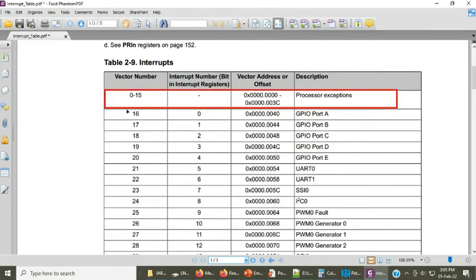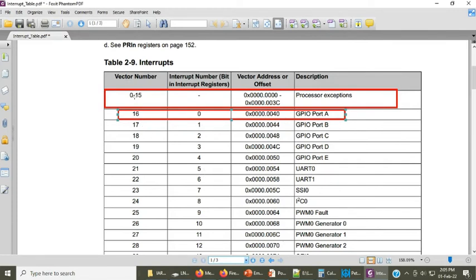If you talk about the vector table, addresses 0 to 15 are for exceptions, and vector address 16 is allocated for the 0th interrupt, and the 0th interrupt is for Port A. Then it goes onward 0, 1, 2, 3, 4 and so on.